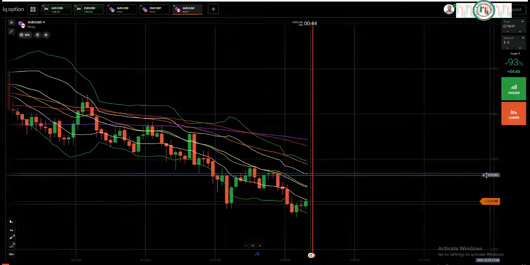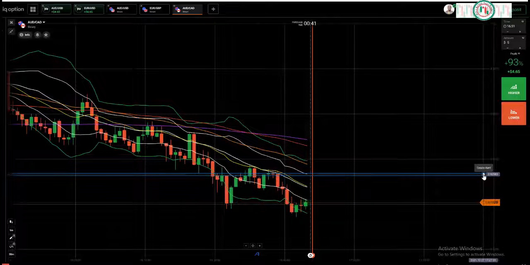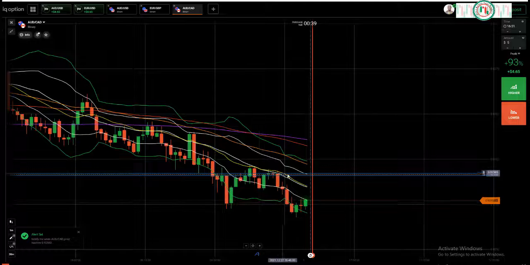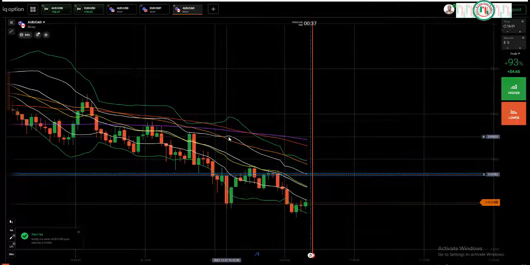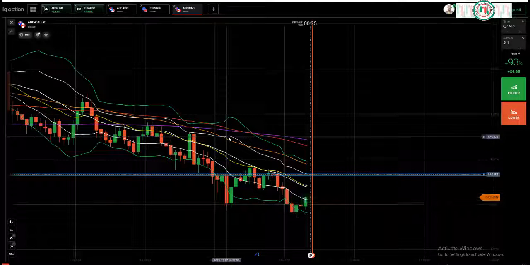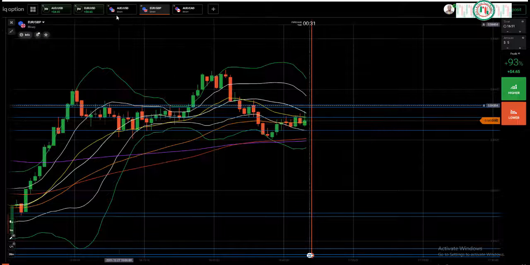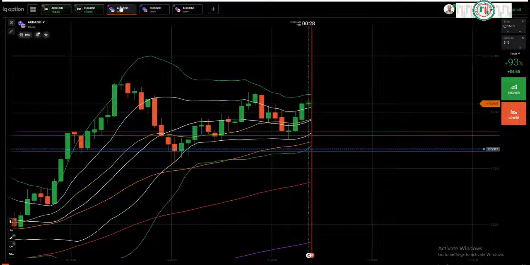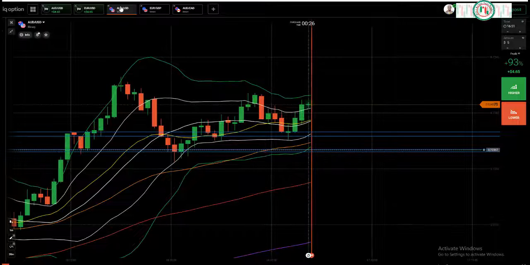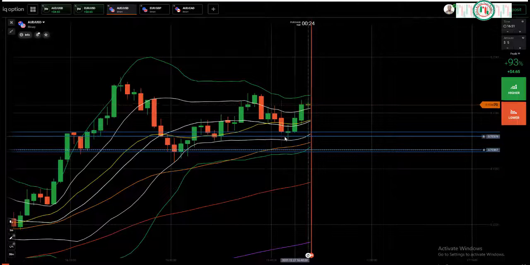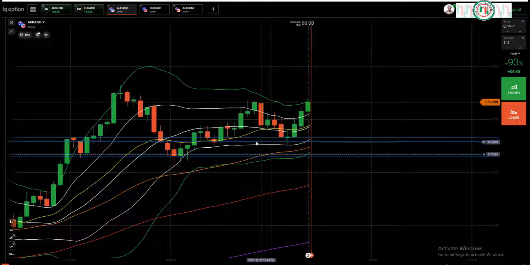So here is another area. If market reaches this level, I will place my put option trade. So I have 3 areas now. This area as well.